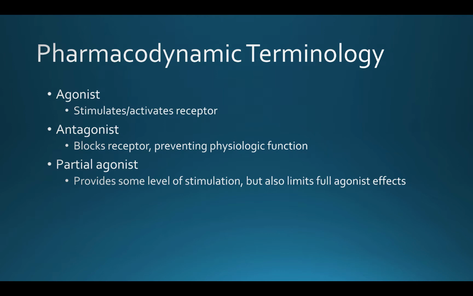Another example is buprenorphine. It binds those opioid receptors and stimulates them to some extent, but there's a ceiling effect of stimulation, and it prevents other opioids from coming in and binding and providing that full agonist effect.